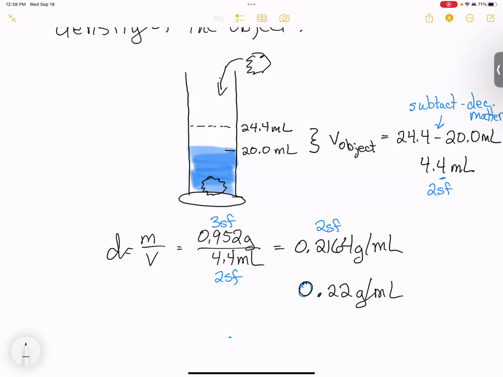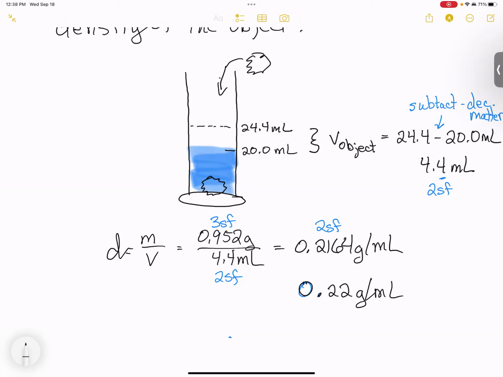Or this block of silver metal has a density of 2.17 grams per milliliter according to my calculation. According to the table, magnesium has a density of 2.17 grams per milliliter. There's a good chance that I have magnesium. So basically, we can take these densities, which are characteristic of the material, and compare them with a table. And from that table, we can sometimes figure out what we actually have. And that's how we use the density.